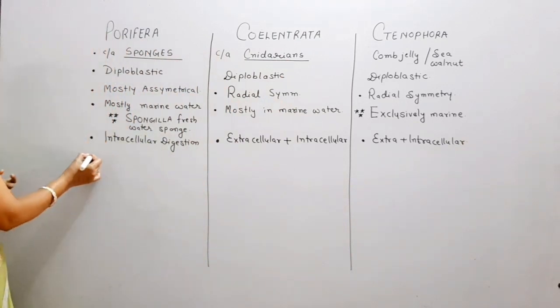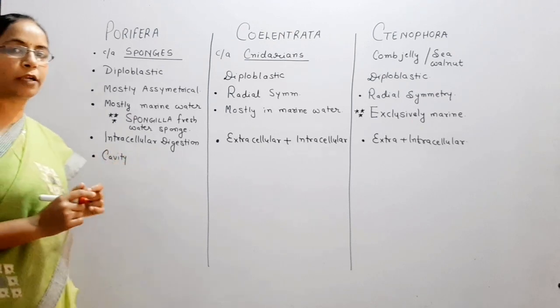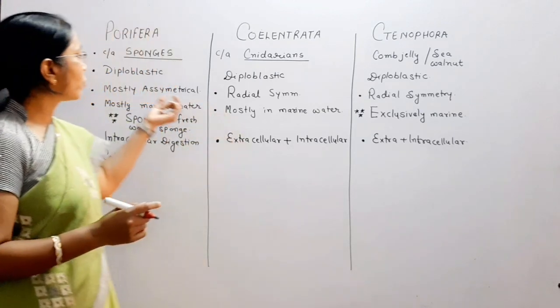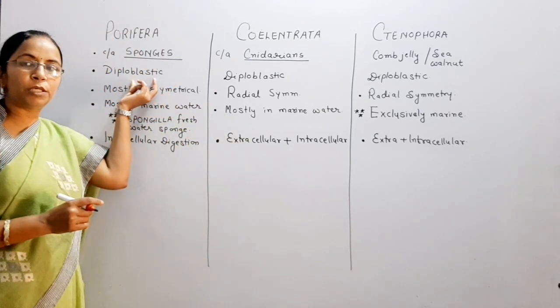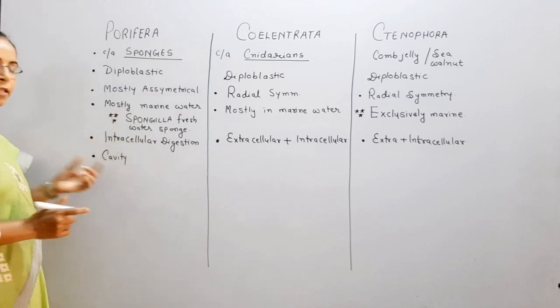Then the sponges show one body cavity. It is not like a coelom because it is not protected by mesoderm. Why? Because the organisms are diploblastic, so mesoderm is completely absent. So an internal hollow cavity is present in the body.